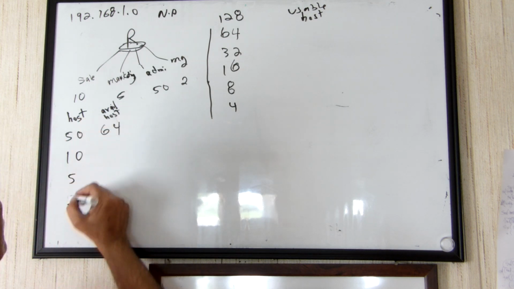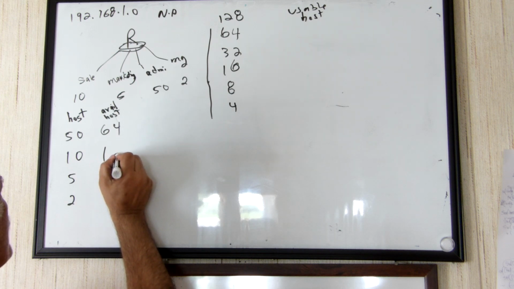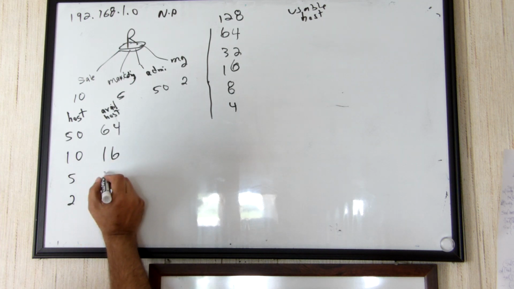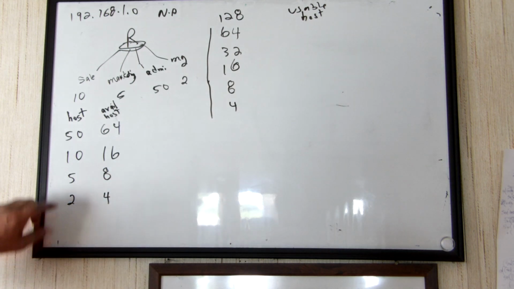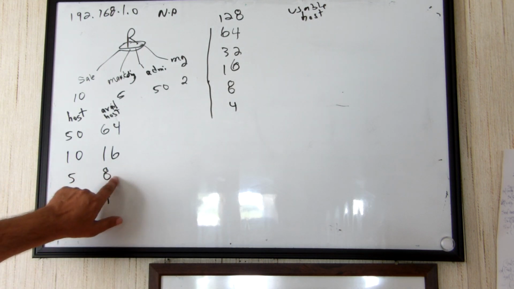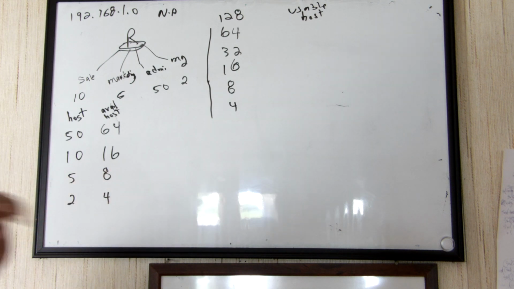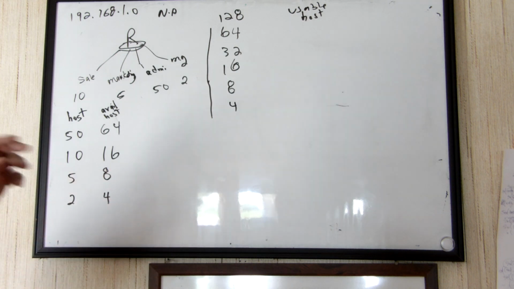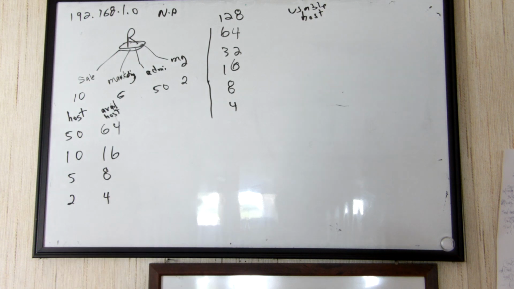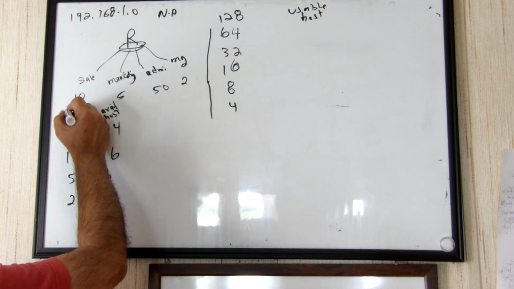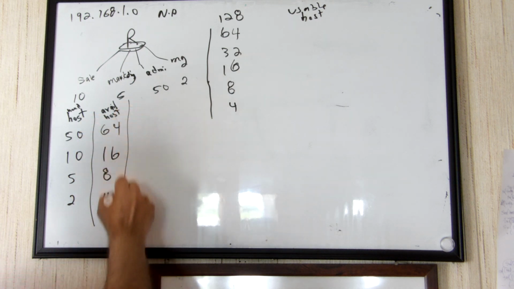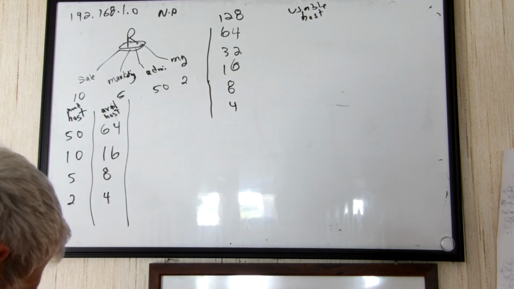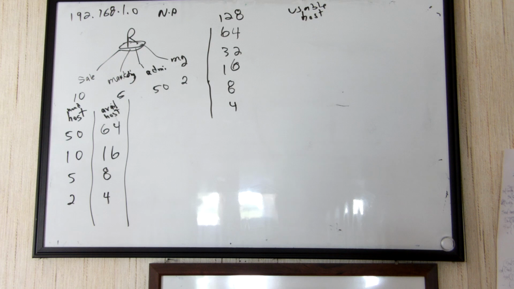So we're going to use 16. And because we have 5 hosts, you're going to use 8. You can't use 4, because it needs 5 hosts. Okay. Now, let's see what that means.